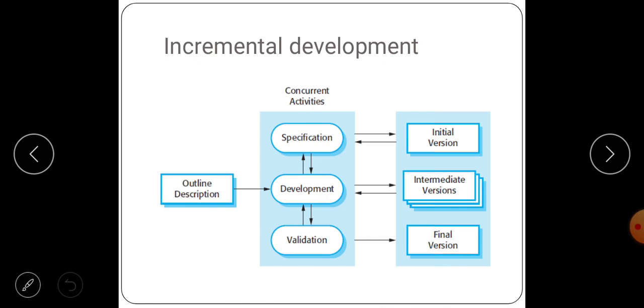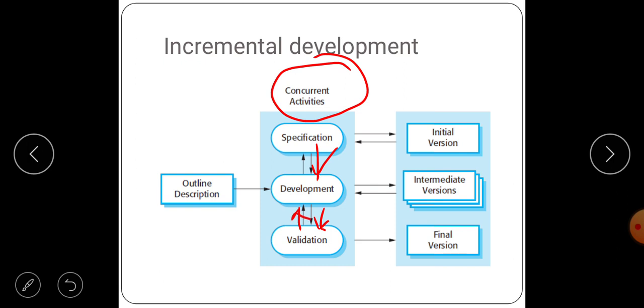Here the specification, development, and validation are not separate phases. It is a concurrent activity, which means it is performed like one phase. There is no difference between specification, development, and validation. You can see the arrow marks.